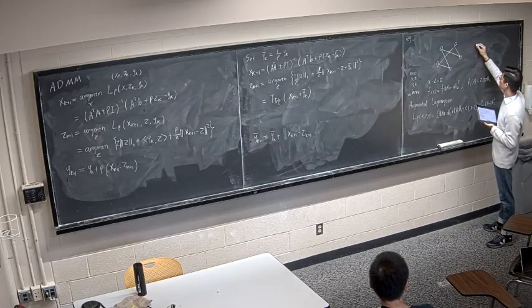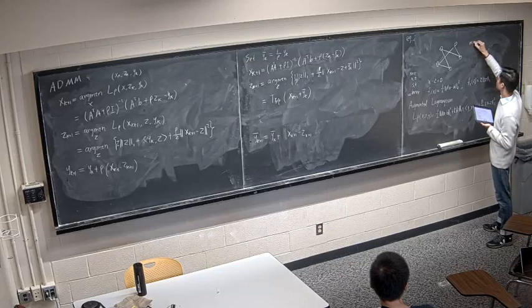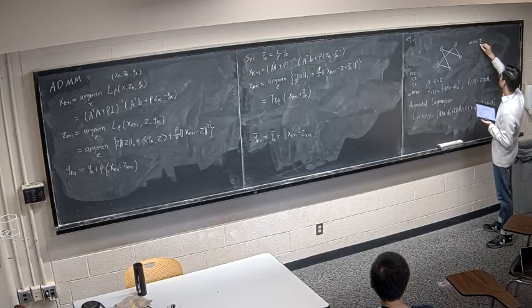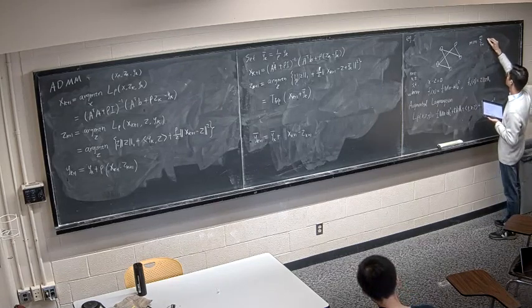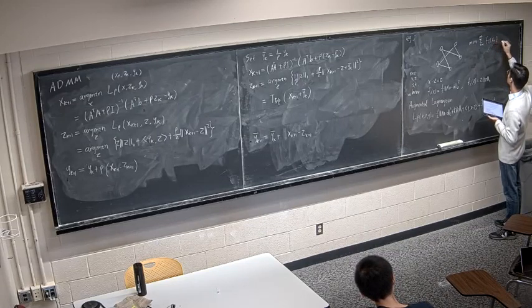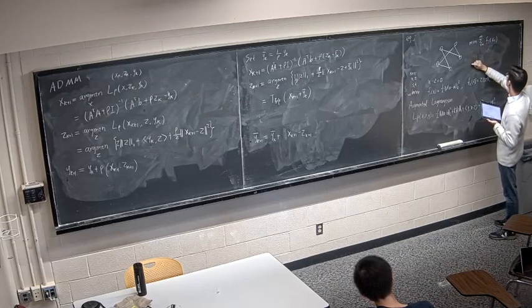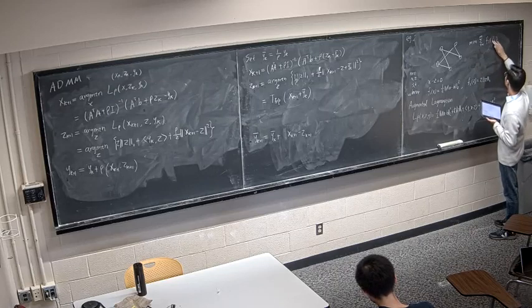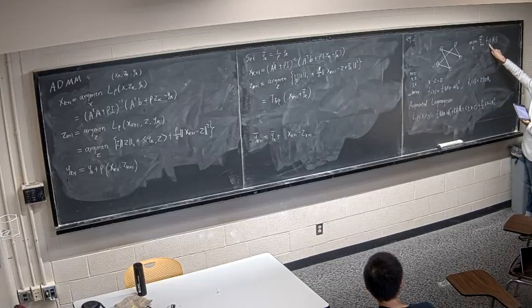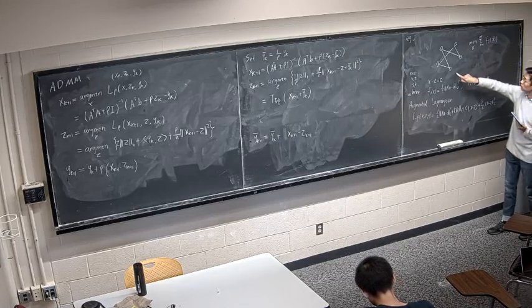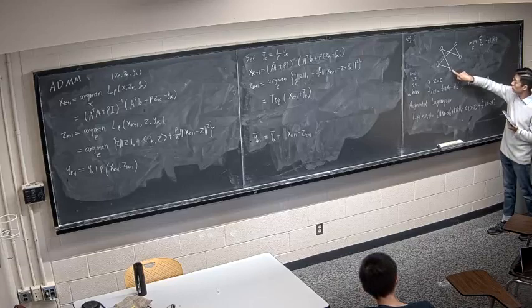So the optimization problem is sometimes like minimizing the summation over i from 1 to M, where M is the number of agents, the number of nodes in the network. This is the optimization problem you want to solve. This Fi is the local objective function in each agent.